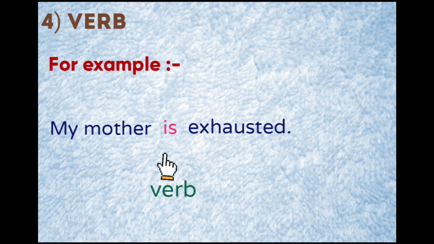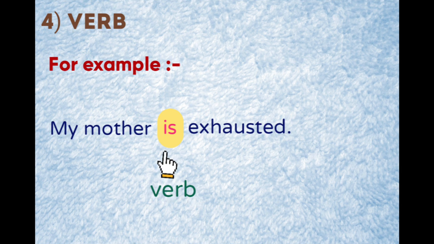Here, which is a verb? Is. Is a state of being verb, right? So here, verb is. I hope you are understanding it thoroughly, guys, because if you understand parts of speech thoroughly, then it will be very easy for you to understand English grammar further.